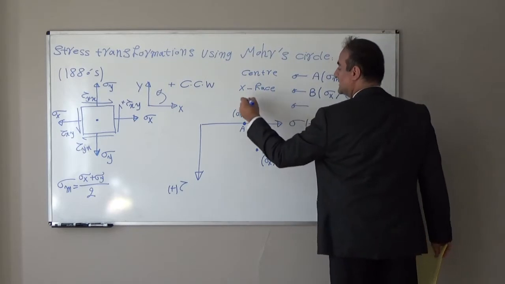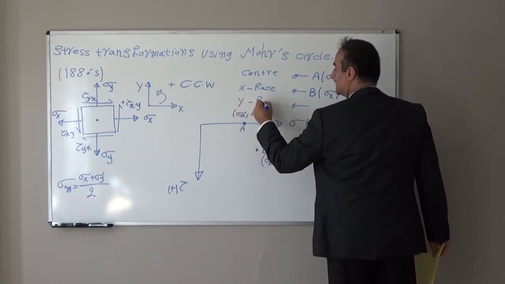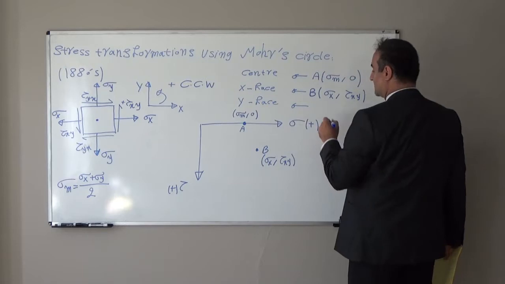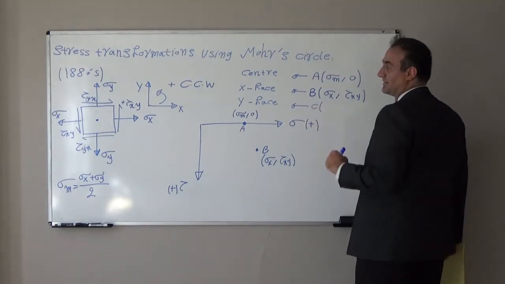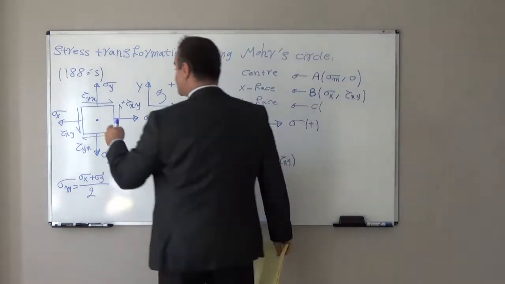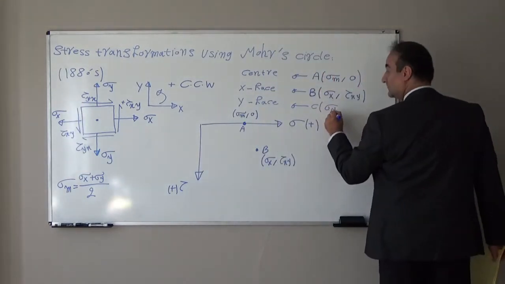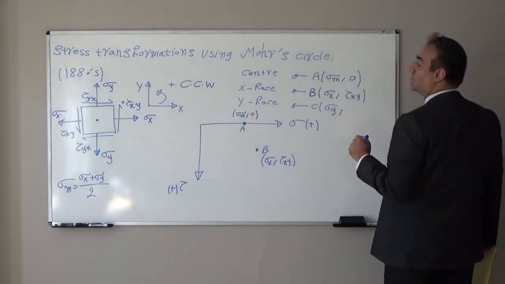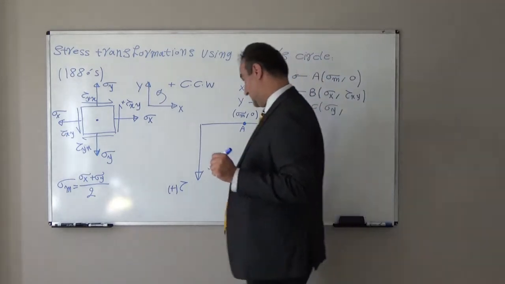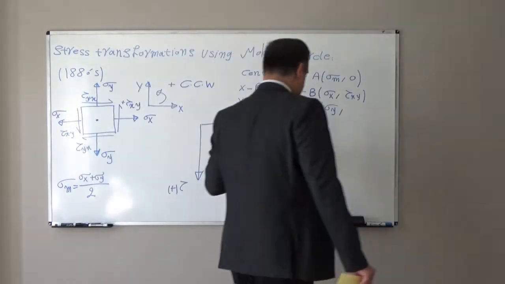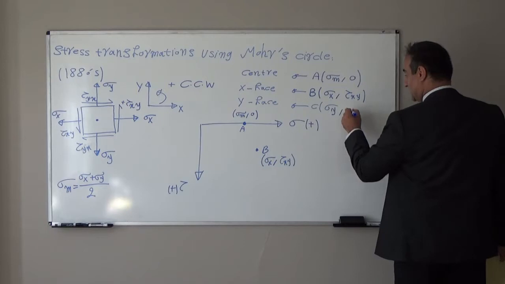In the y face, we will have another point, point C, for example. We will have sigma y and tau yx. Here tau yx direction is negative, minus tau yx.